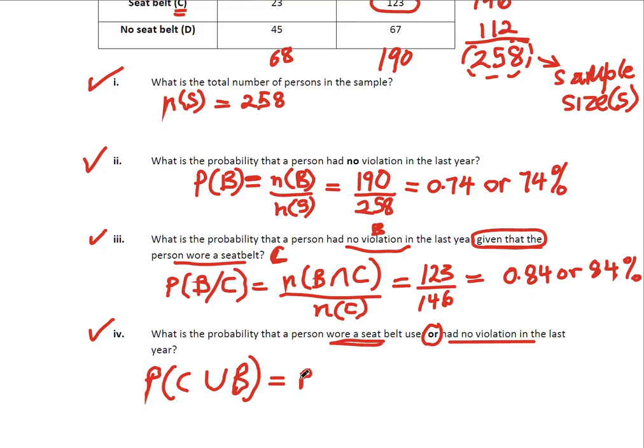And so to calculate the probability of the union of C and B, we will use the general probability formula.